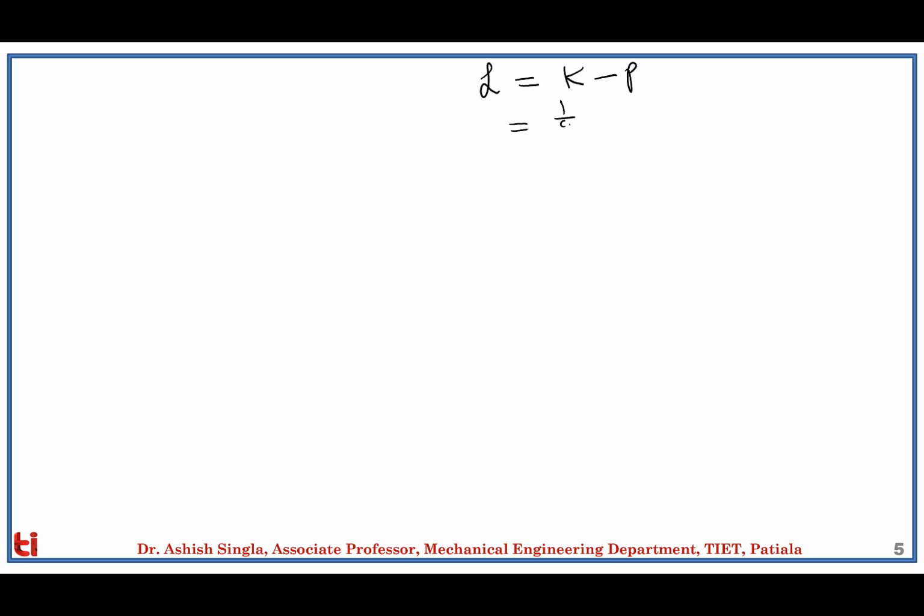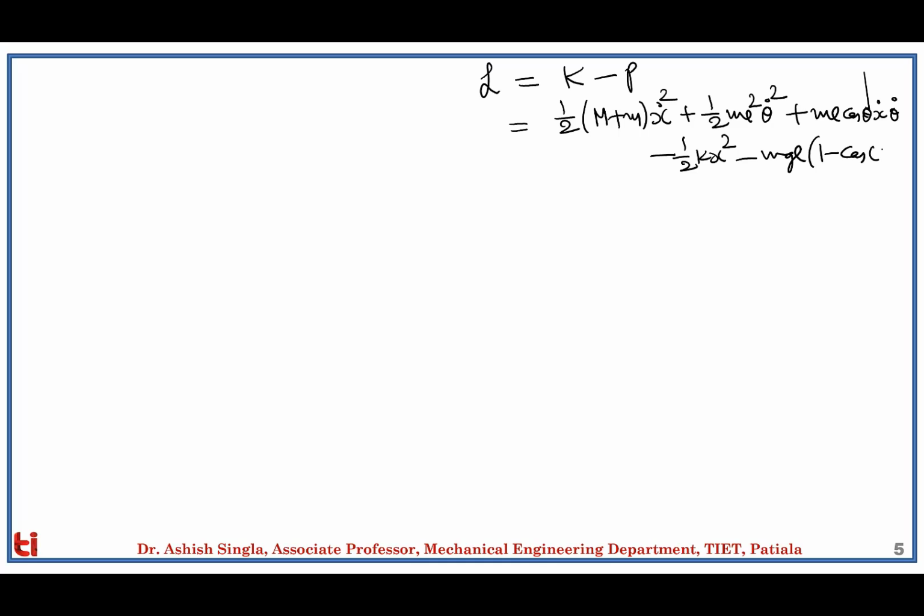The kinetic energy is half (M plus m) x dot square plus half ml square theta dot square plus ml cos theta x dot theta dot, minus half kx square minus mgl into 1 minus cos theta.